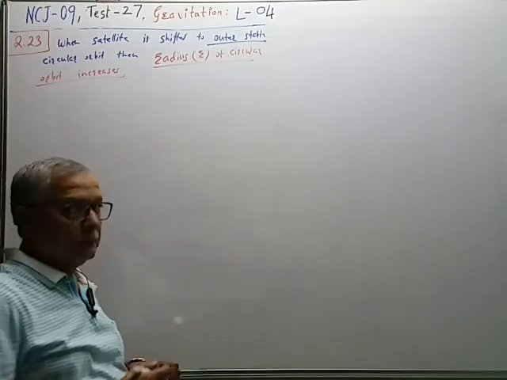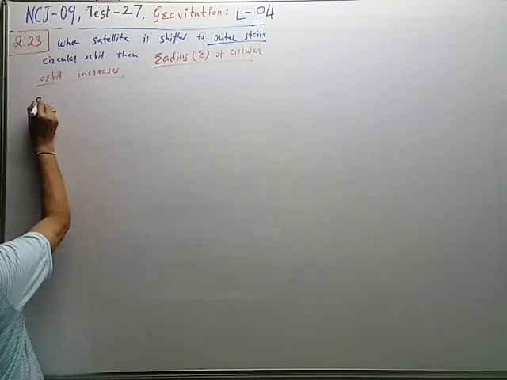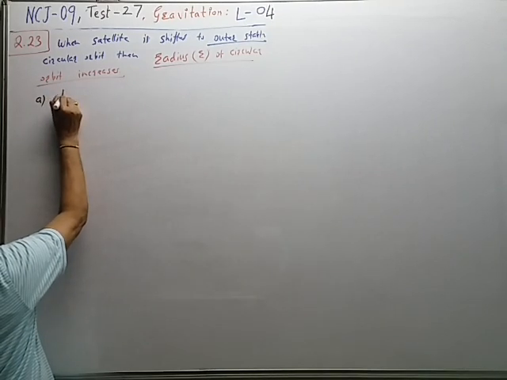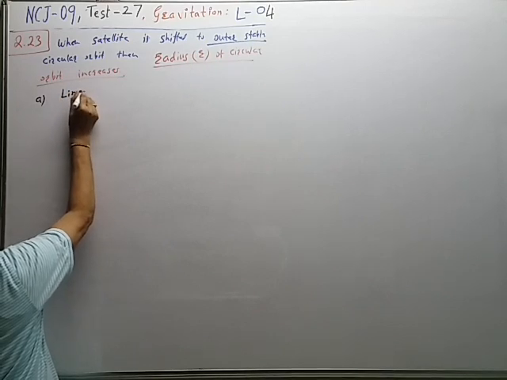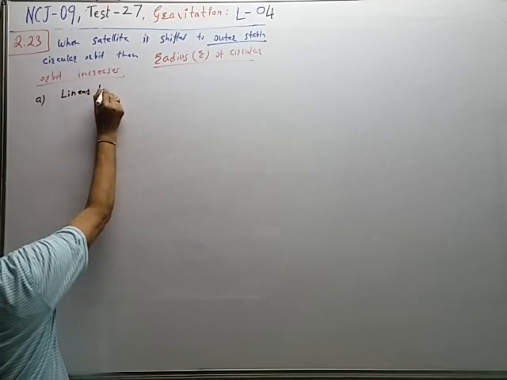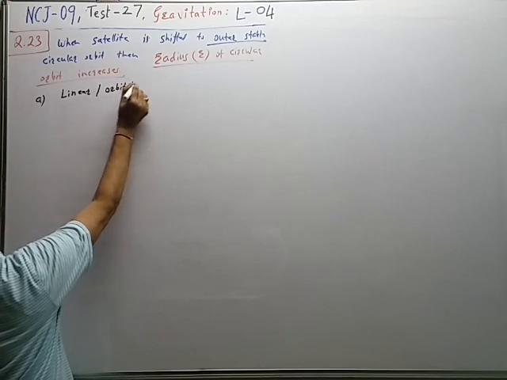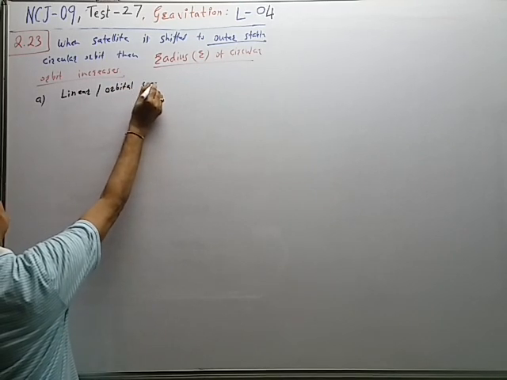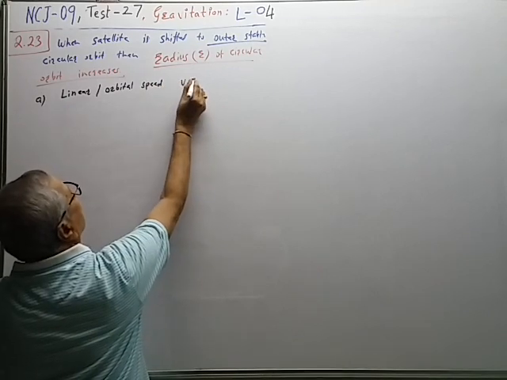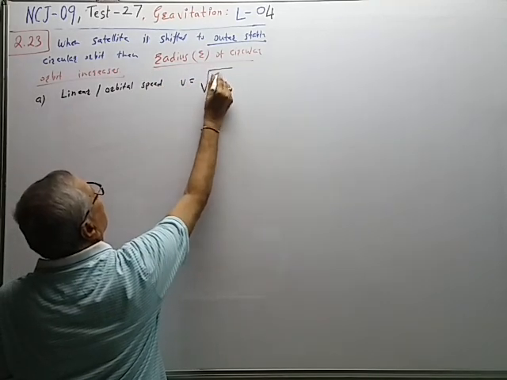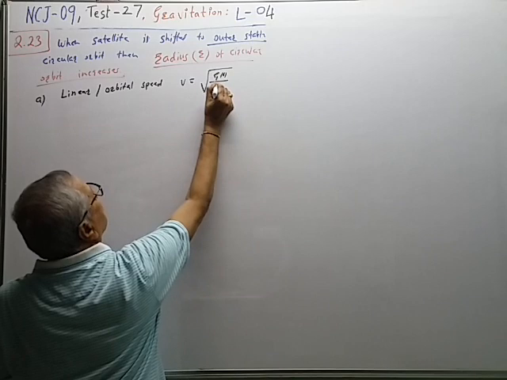A choice. Linear or orbital speed v is equal to under root GM upon r.